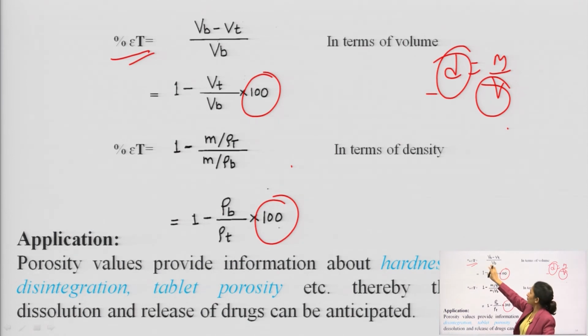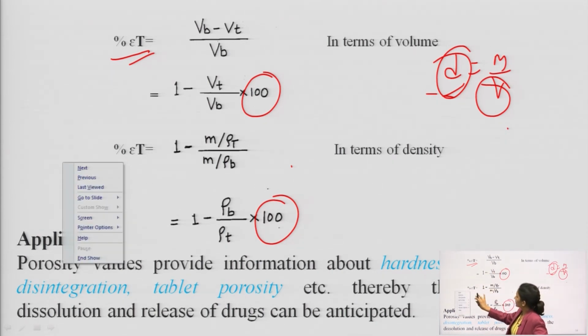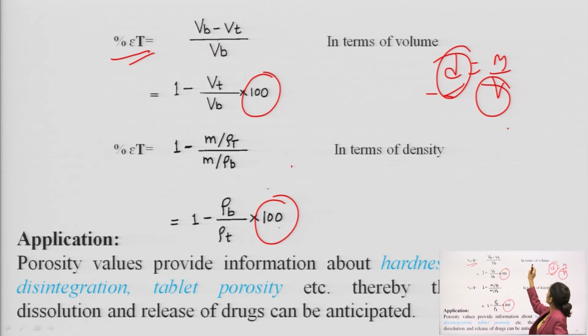In terms of volume, the equation is this. Whenever you write this equation in terms of density, it becomes opposite, inverted. This is the formula for the calculation of epsilon T, the total percentage porosity, in terms of density.